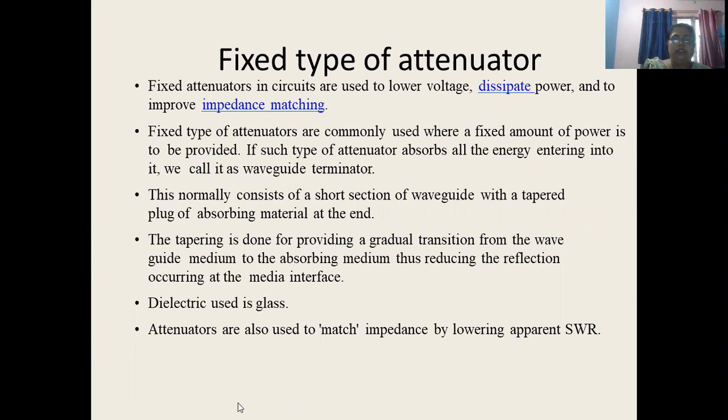The tapering is done for providing a gradual transition from the waveguide medium to the absorbing medium, thus reducing the reflection occurring at the media interface. The dielectric used is glass, and these are also used to match impedance by lowering the apparent SWR.